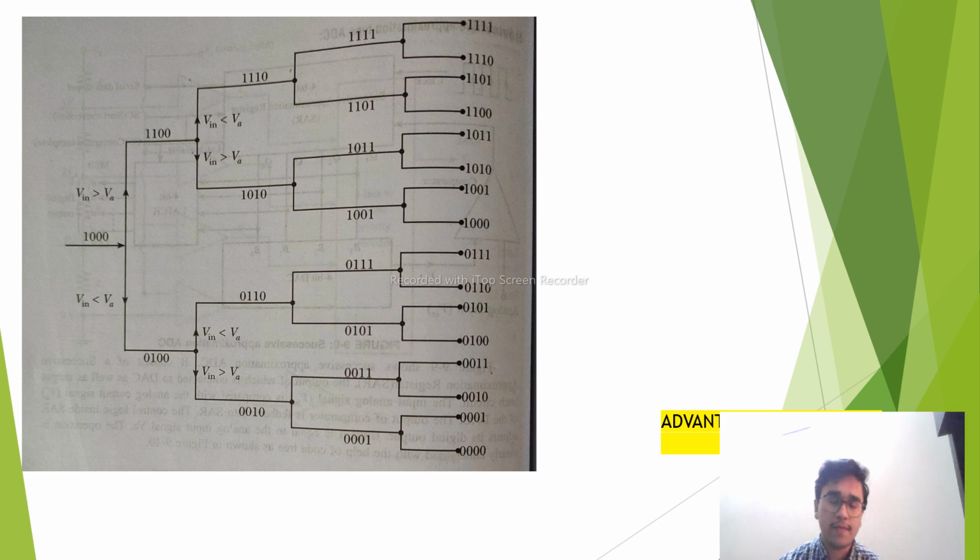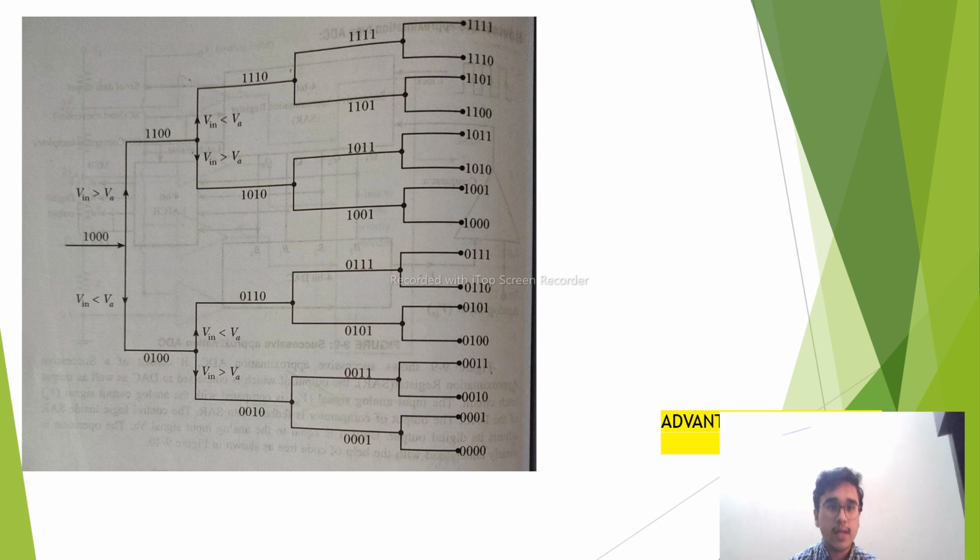What if the output voltage of the DAC is greater than Vin? Then the most significant bit is reset to 0, and the next bit is changed to 1. As you can see here, the top part is always the condition Vin greater than VA, which is the output of the DAC, and the below one is the vice versa.